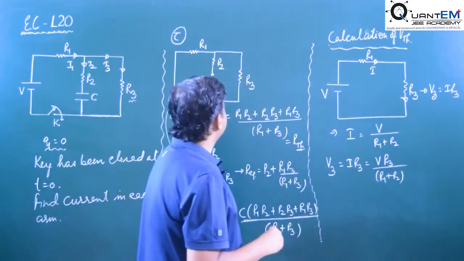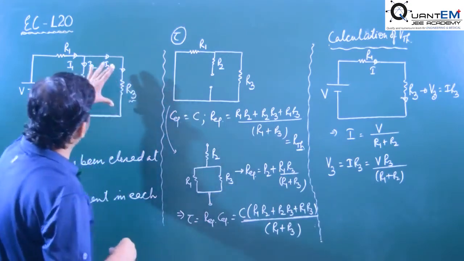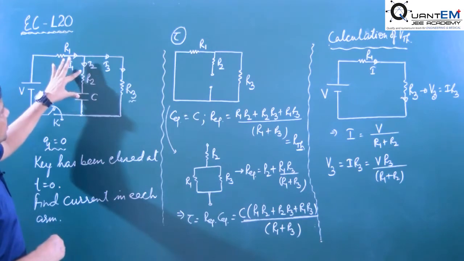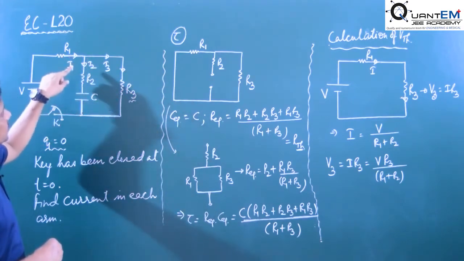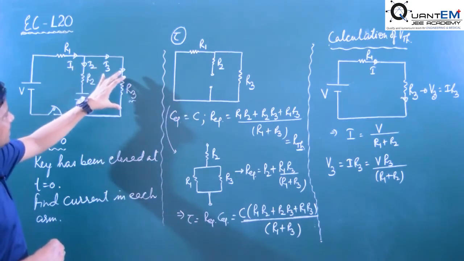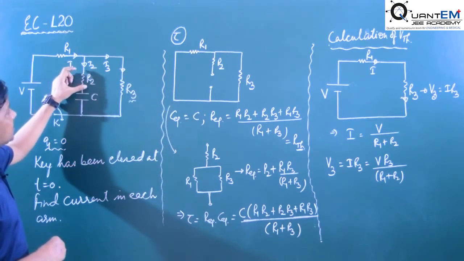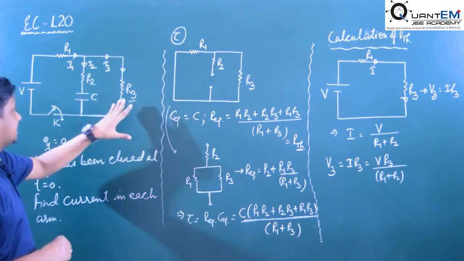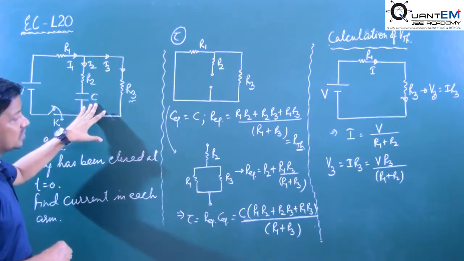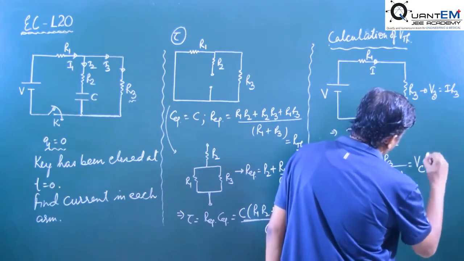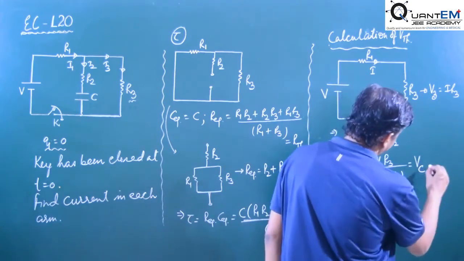This resistance is in parallel with this resistance. If you use Kirchhoff's loop law here, you will easily get the value of voltage. Since these two arms are in parallel and no current will be flowing through this arm in steady state, the current across R2 will be 0. That's why potential drop across R3 is exactly equal to the potential drop across the capacitor in steady state.